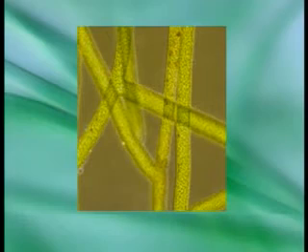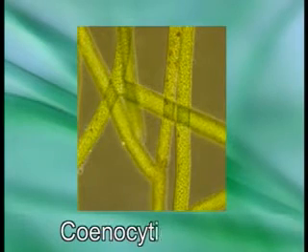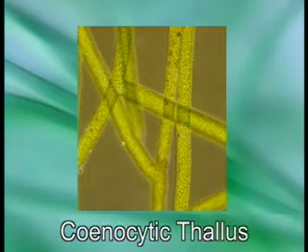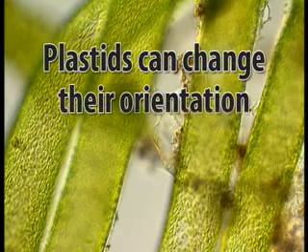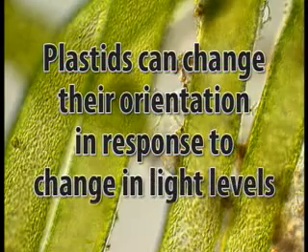In Vaucheria, cytokinesis is not followed by mitosis, so the thallus has a coenocytic nature. Plastids can change their orientation in response to changes in light levels.